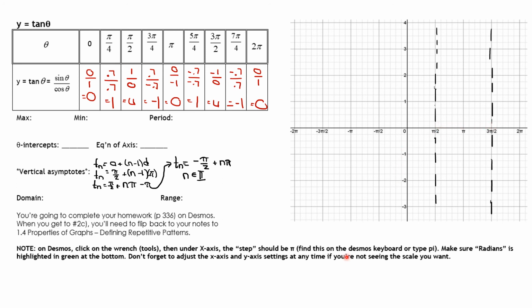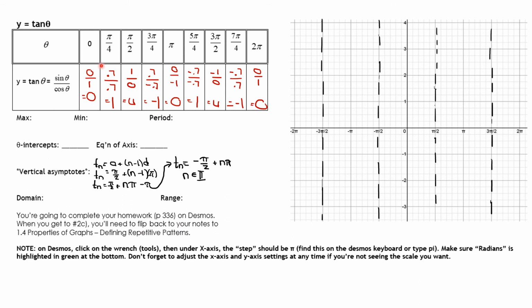I can see one. Then go ahead and do that. But you can see where they should be. They're occurring every pi units. So there's going to be another vertical asymptote here and another one here. So I'm going to go ahead and draw those in as well. All right, so there are our vertical asymptotes all drawn in there, the ones that we can fit.